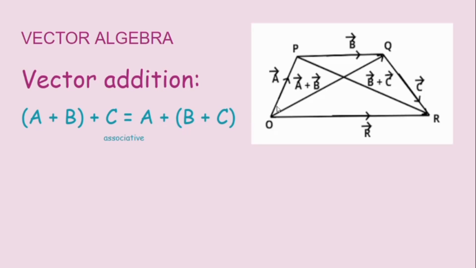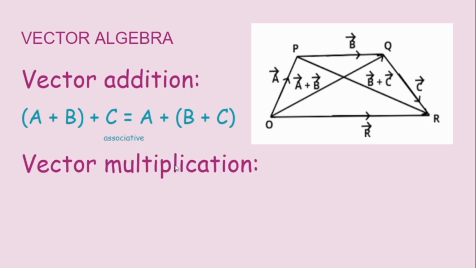In the figure we will add the A vector to B and this will be the resultant vector, and then we will add this resultant vector with this C vector and this will be the final resultant vector. And secondly, on the right hand side we can see we will add this B vector with this C vector and this will be the resultant vector R, and this resultant vector R will be added with A and this will be the final resultant vector. We can see that the final resultant vector of both cases is the same.